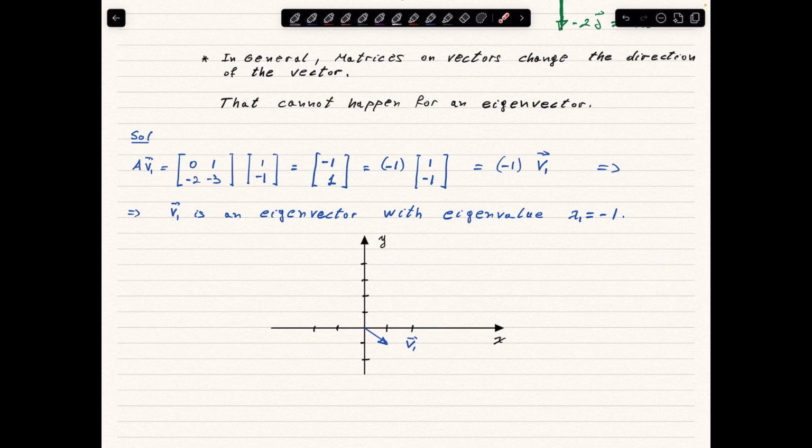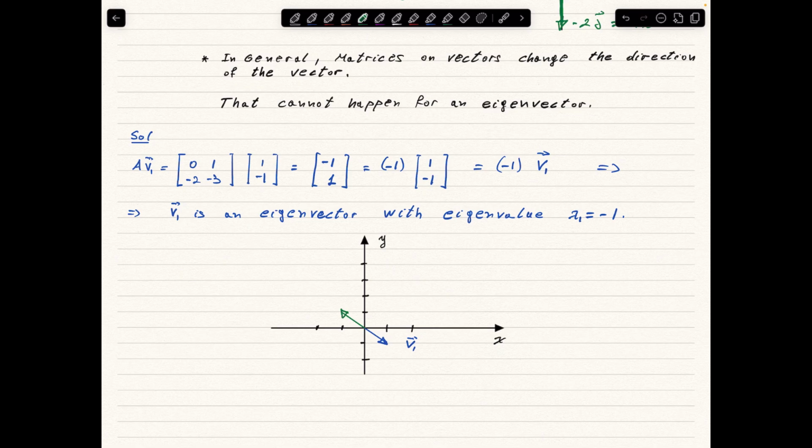So the result, we are going to do it in green, should be more or less over there.